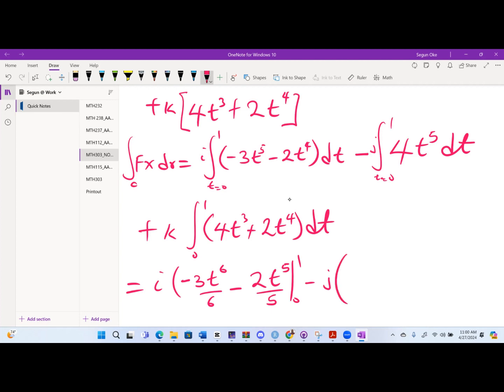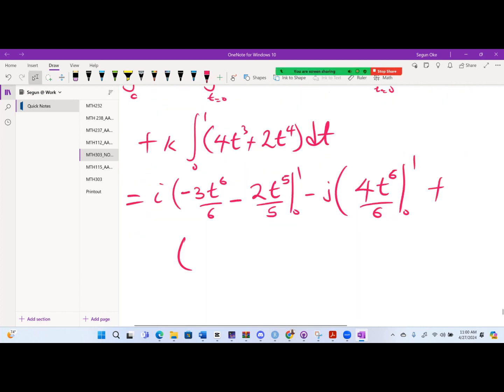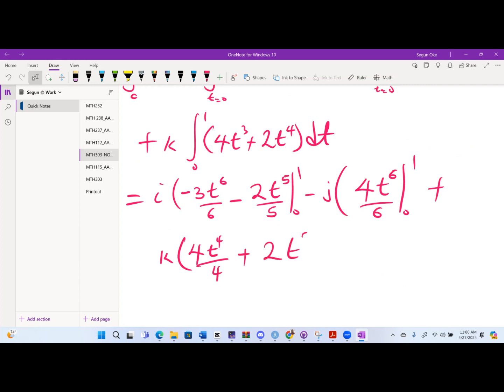When you integrate, we have 4t raised to power 6 over 6, 0 to 1, plus k, which is 4 raised to power t raised to power 4 over 4 plus 2 raised to power t over 5 over 5, 0 to 1.